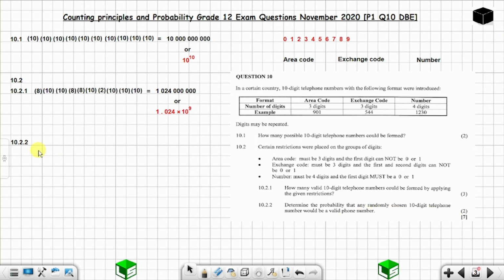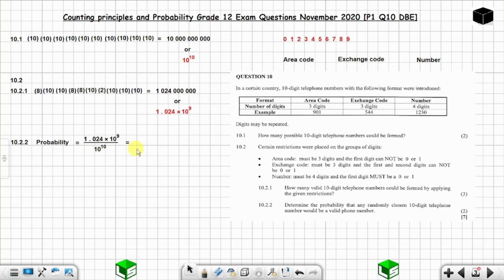So the probability is equal to, when you have a restriction, you have this number of telephone numbers. But if you don't have a restriction, you have all these telephone numbers that could be formed. So this is included in this, so you are going to have this over this.